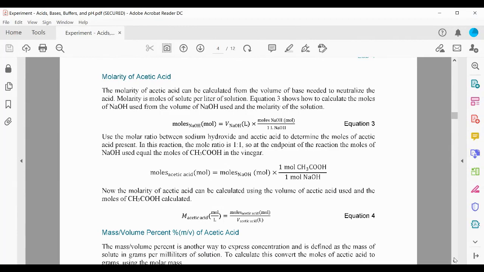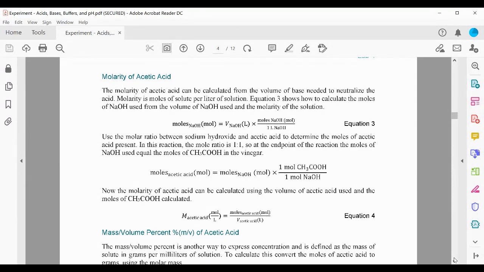This is the easiest part of the experiment, I believe, because when you stop the titration, because you saw the color change at the end point, you will read in your burette the volume of sodium hydroxide that you used. They will give you the initial volume in the burette and the final volume.